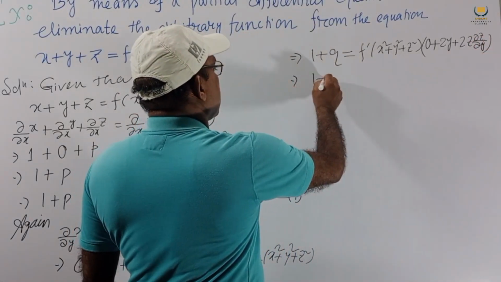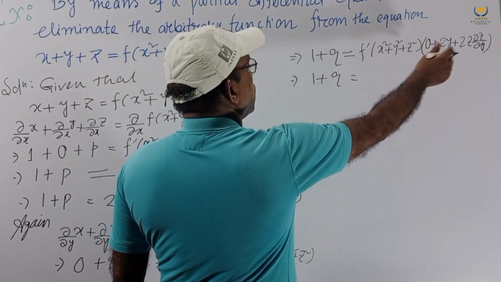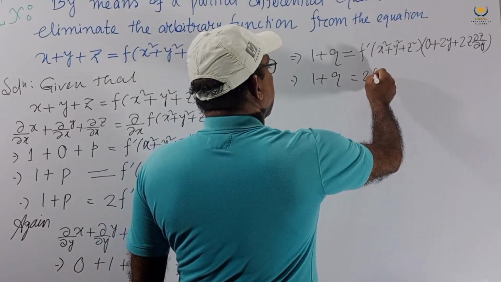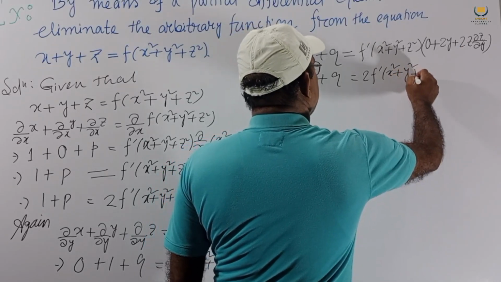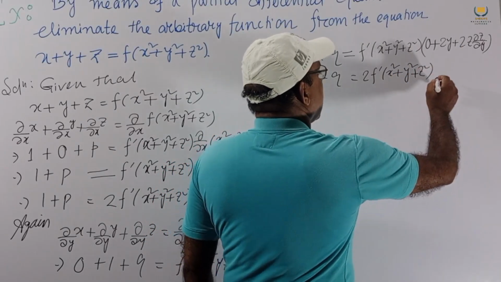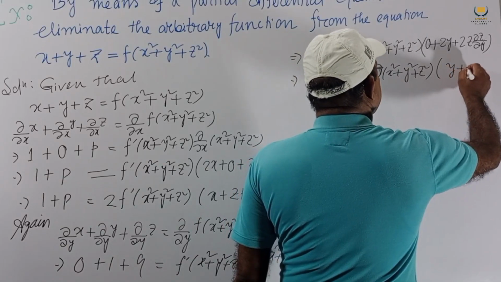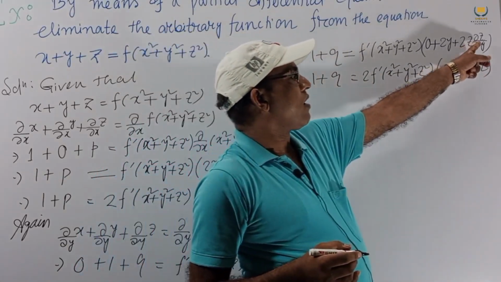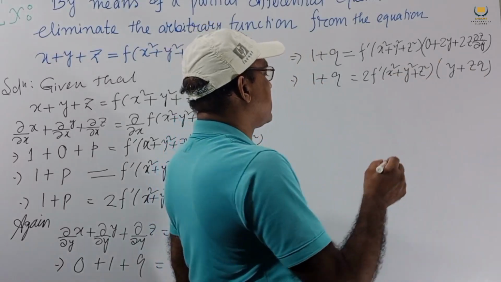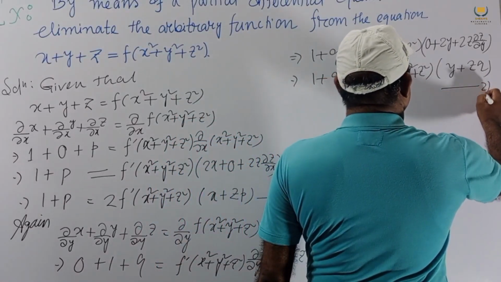This implies 1 plus q equal to, 2 common, f dash (x square plus y square plus z square) and this is y plus z q. ∂z/∂y means q.